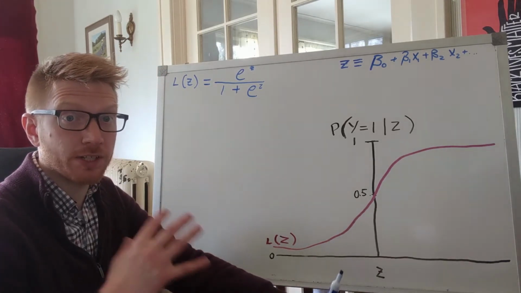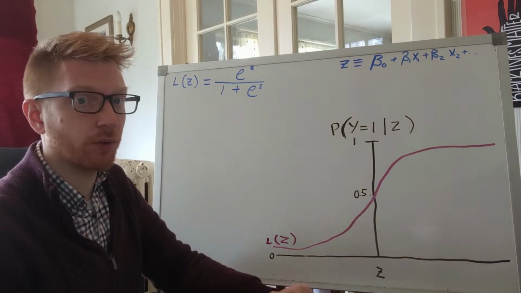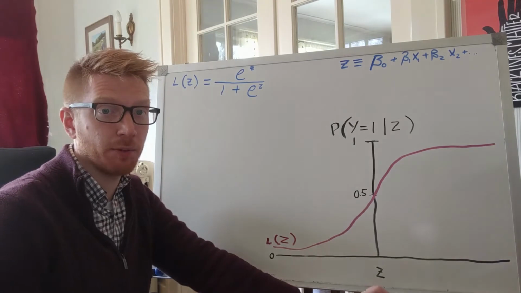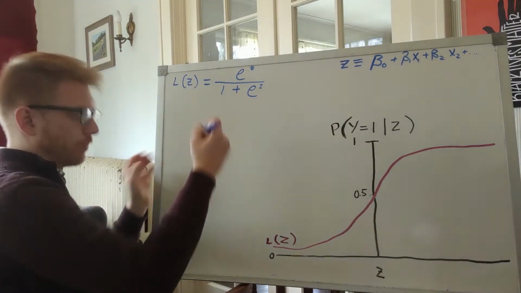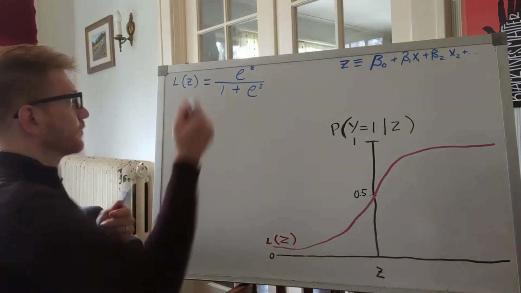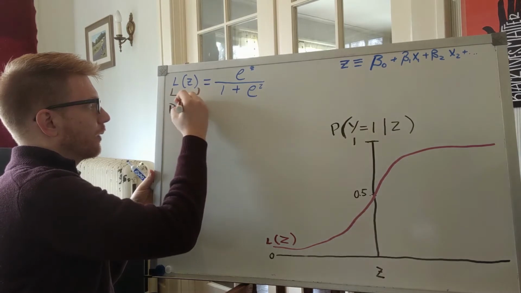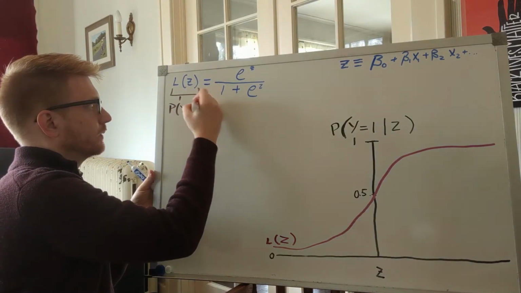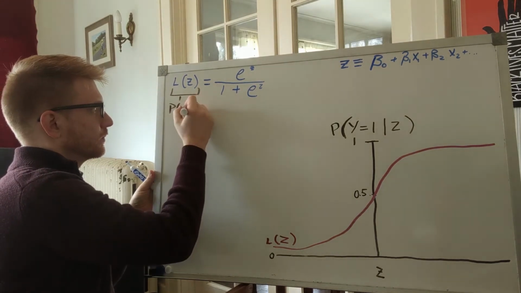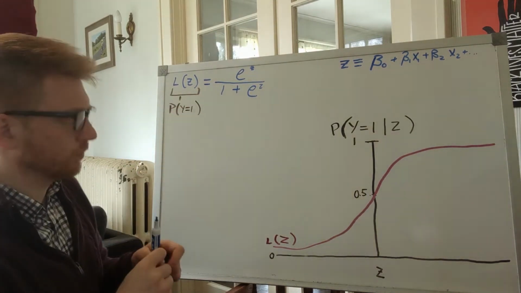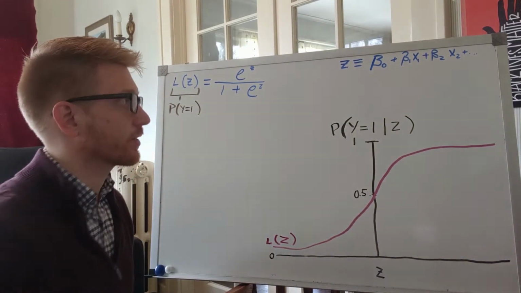Now what I want to discuss is how changes in x influence the probability that y is 1. We are going to interpret our logit function as the probability that y is 1. That is how we're going to interpret the values of this function.